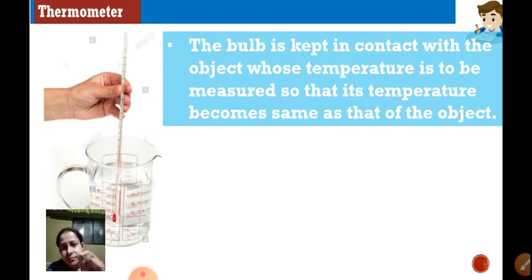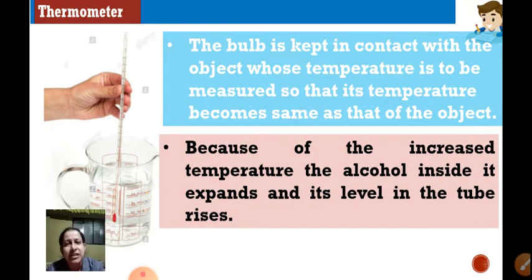When the thermometer is placed in a hot object, what will happen? The mercury or the alcohol inside the thermometer will start expanding, and it will stop wherever the temperature of the object is.